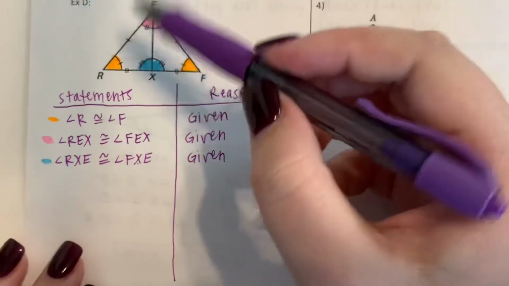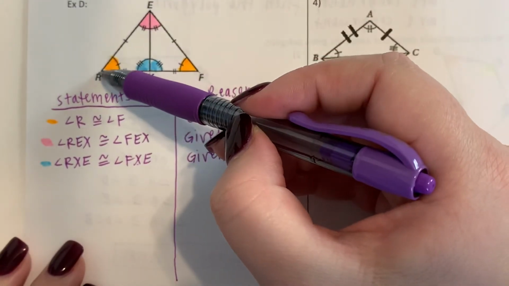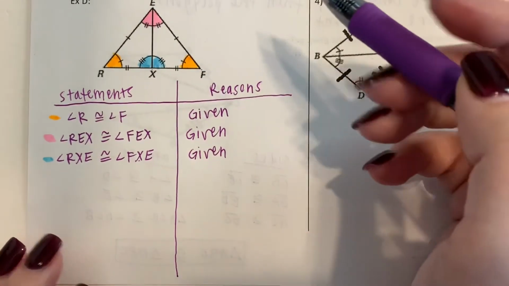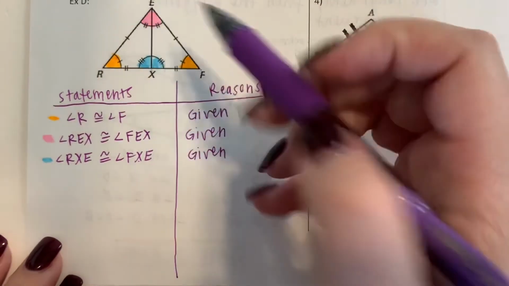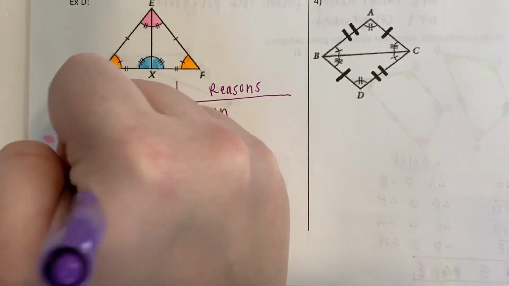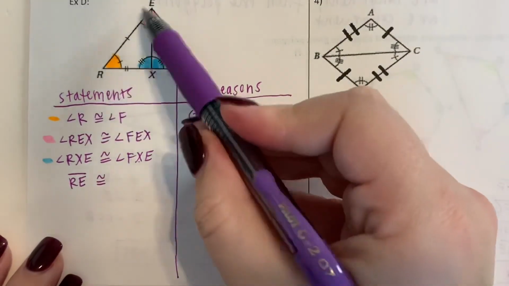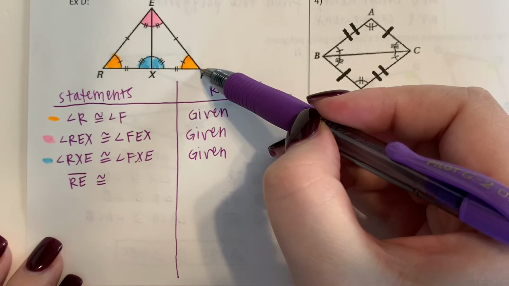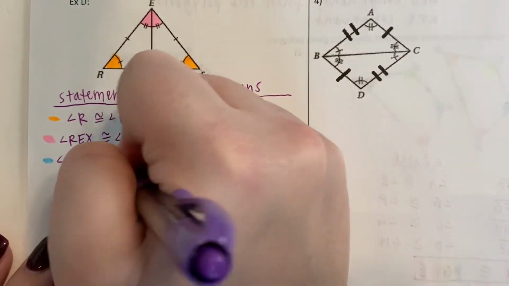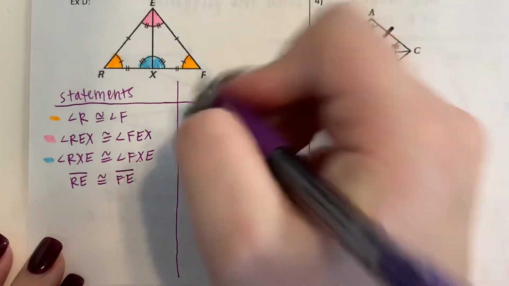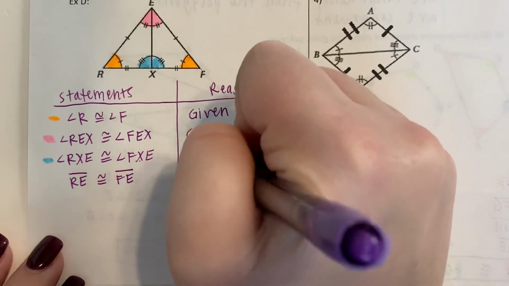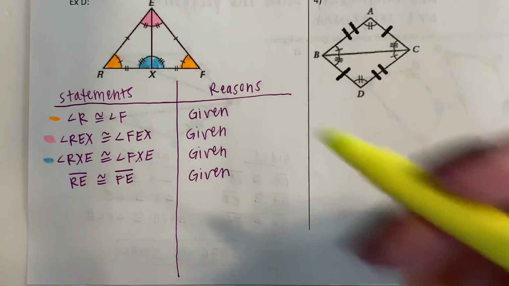So I see I have a side here, 1 tick mark and 1 tick mark. So I could say side RE. It's a side, so we're using 2 letters with the segment bar up top. Side RE matches with side FE. That is given from our figure. I can highlight these for you.